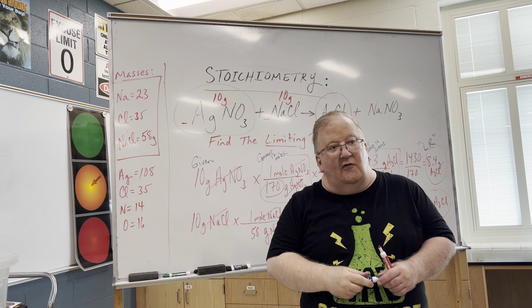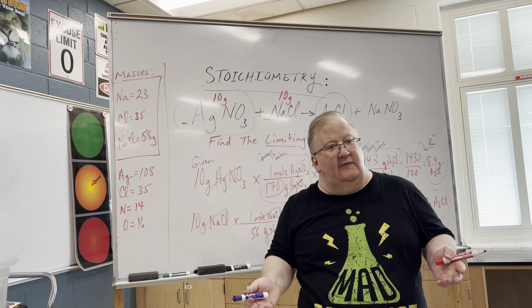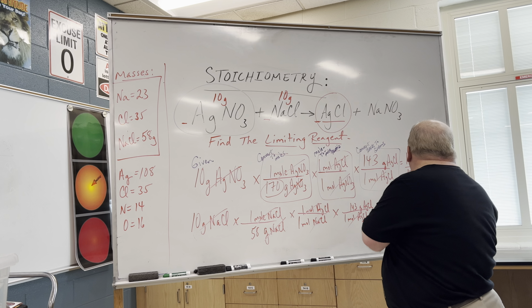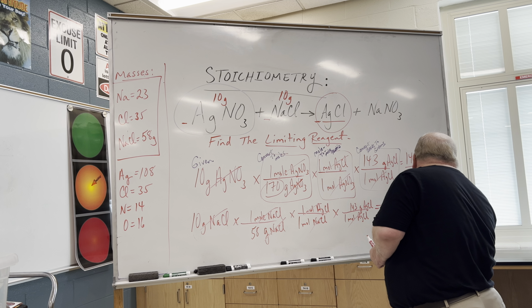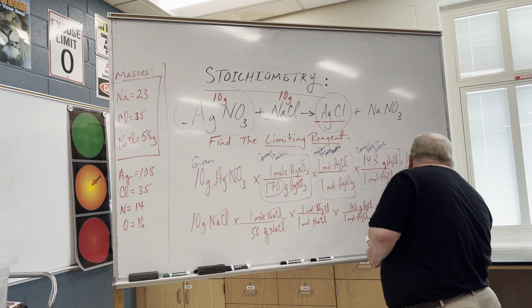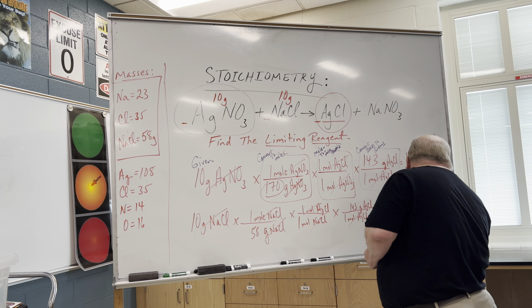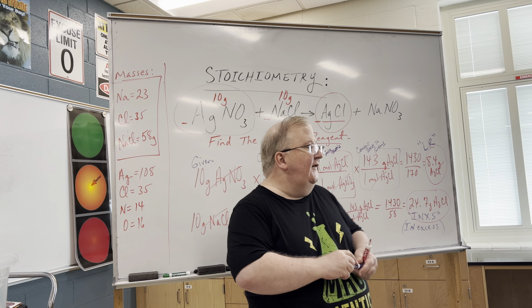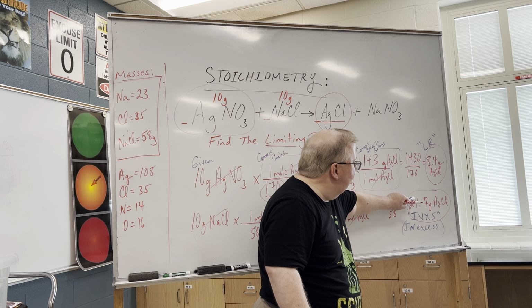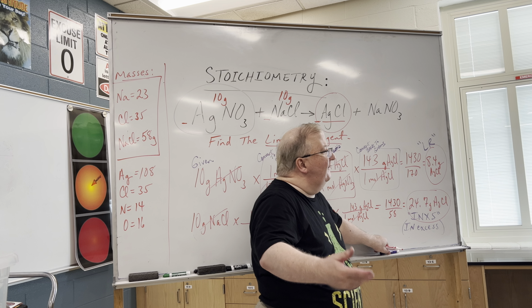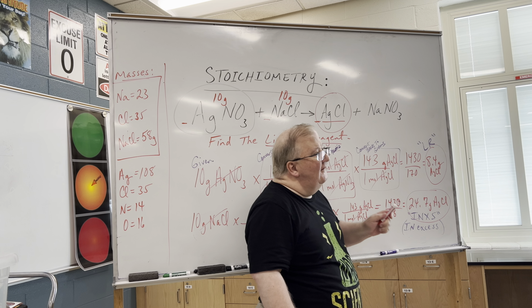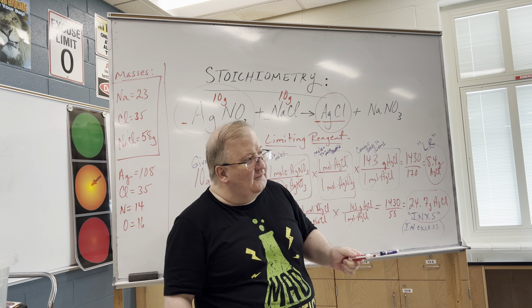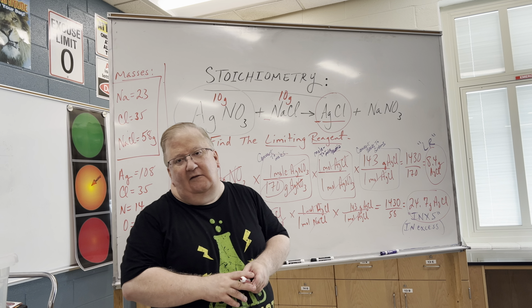The chemical that you have more than enough of is this one, and it's said to be in excess, which is just the way chemists say it. You just have more than you are ever going to need, so it's in excess. The reagent that makes the least amount of product, that's your limiting reagent.